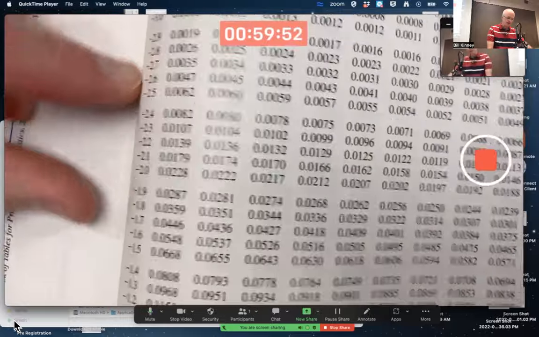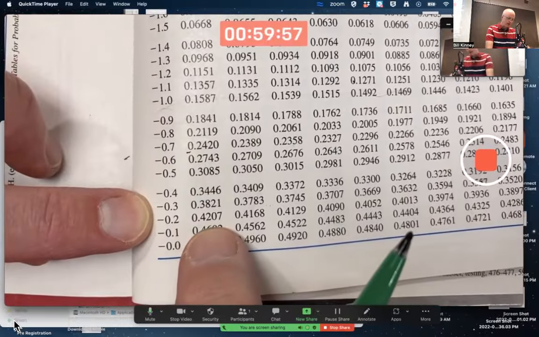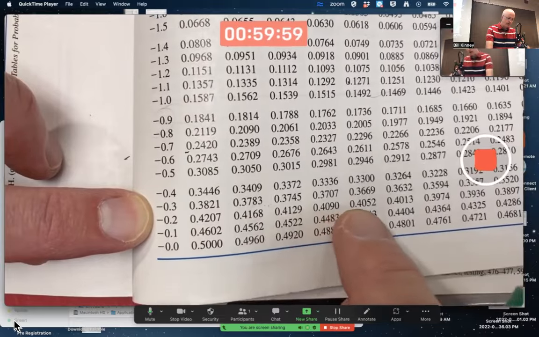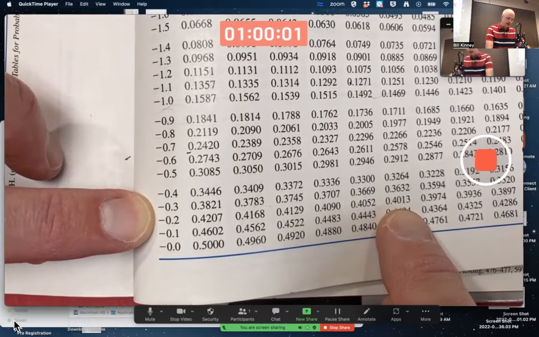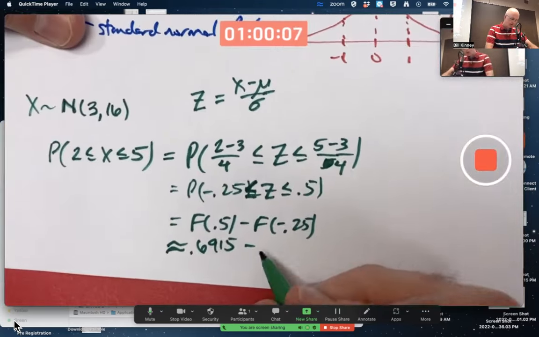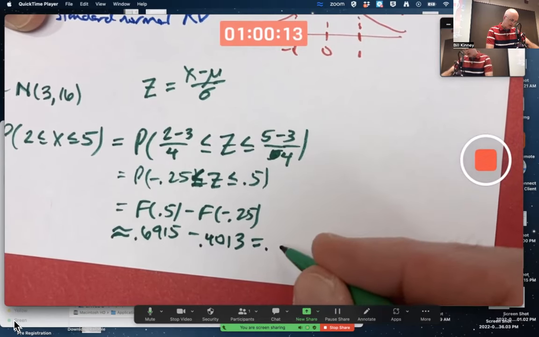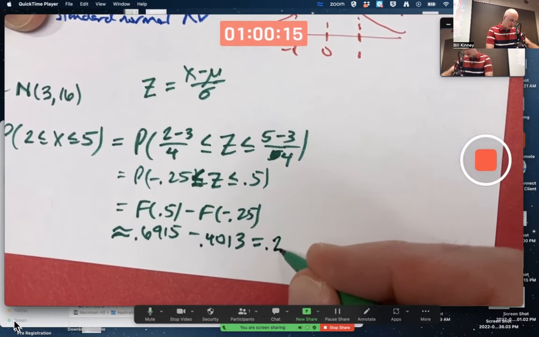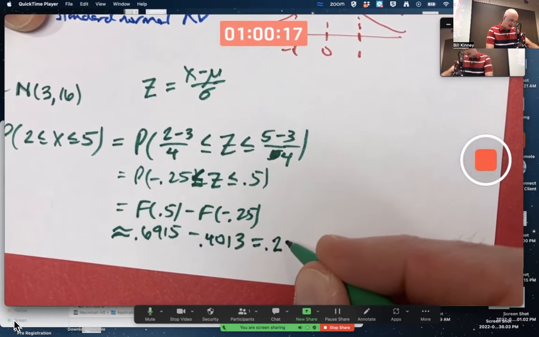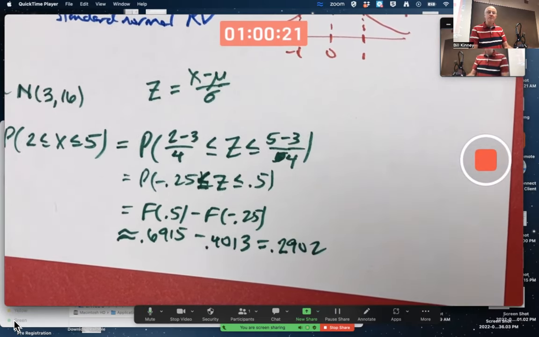Negative Z values, look for negative 0.2, and then 0.5, that's the 0 column, 1, 2, 3, 4, 5. The area to the left of negative 0.25 is going to be 0.4013, approximately. So the answer is approximately, let me do this in my head, 0.2902. How about that? I did that in my head.